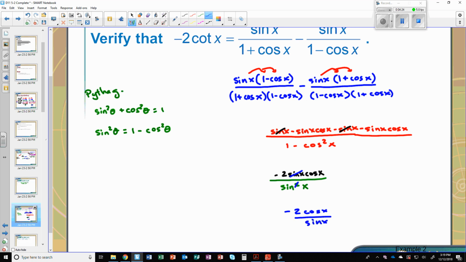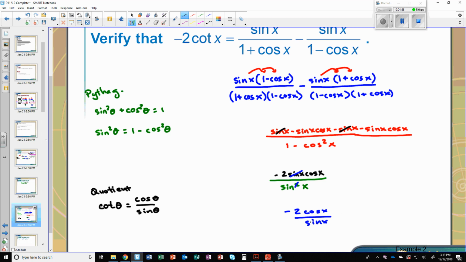And now we come to what's called the quotient identity. A quotient identity is the one when you have division specifically involving sines or cosines. This is x over y: sine is y, cosine is x. Well, the song goes sine y, cos x, tangent is y over x, which means cotangent is x over y, also known as cosine over sine.